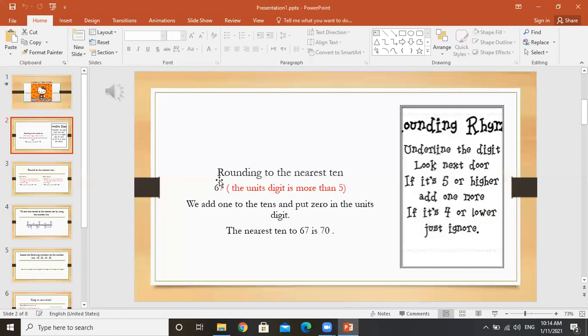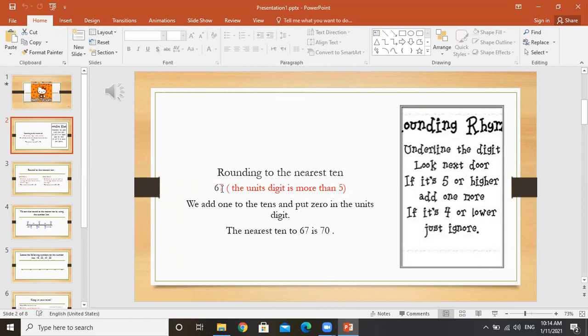And if the units digit is 5 or more, I should add 1 to the tens digit and put 0 in the units digit. While if the units digit is less than 5, I should keep the tens the same and put 0 in the units digit.